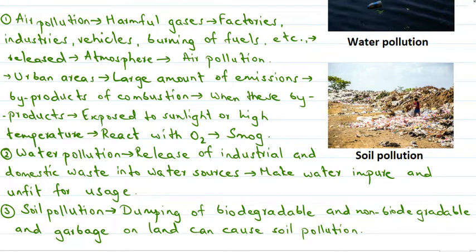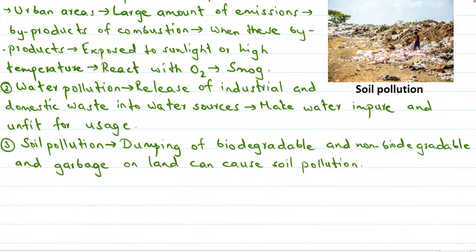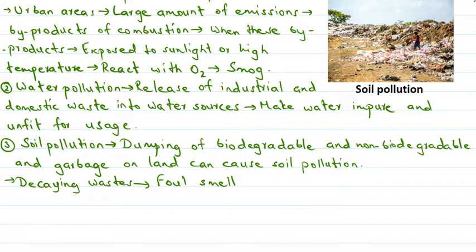Too much accumulated waste can cause problems. What happens when we have dumped everything on land? Decaying waste causes a foul smell and makes the area unfit for plants, animals, and human beings.